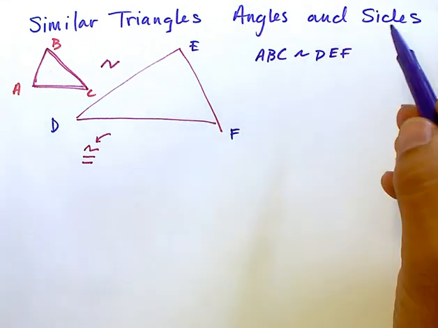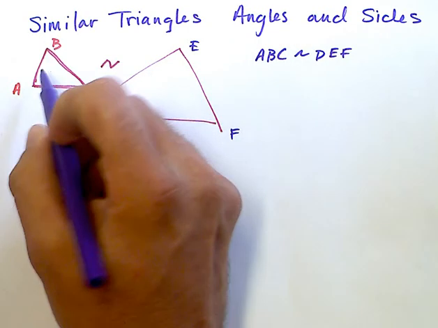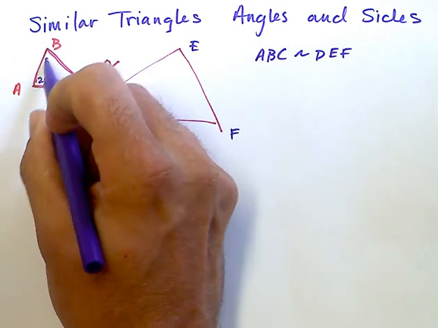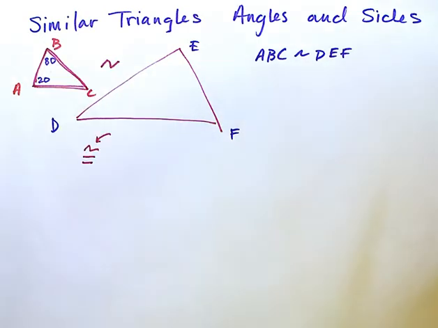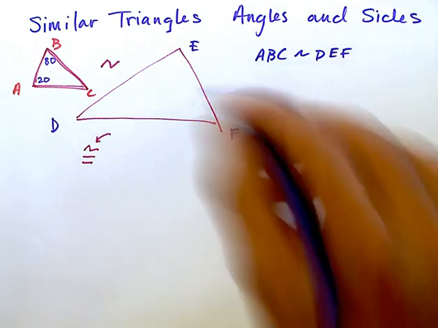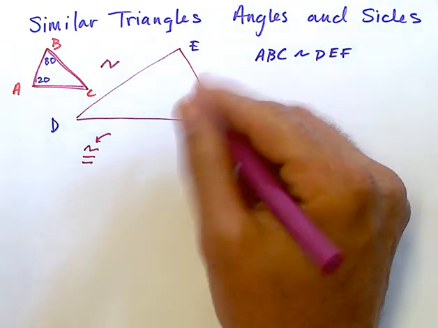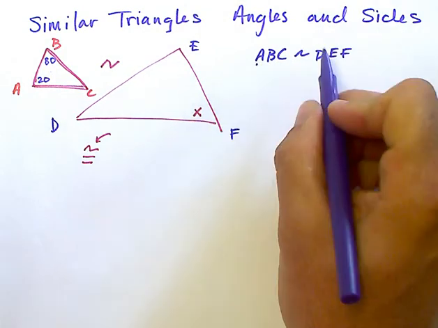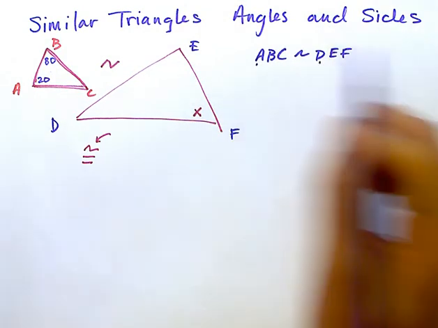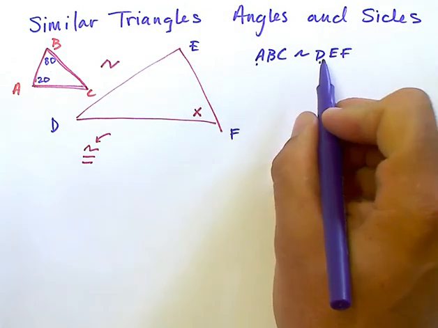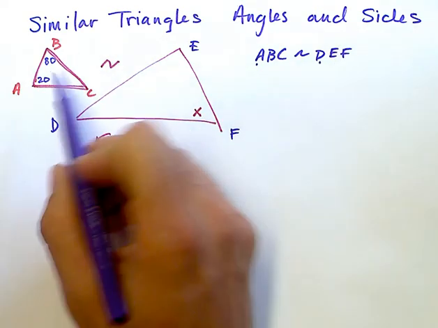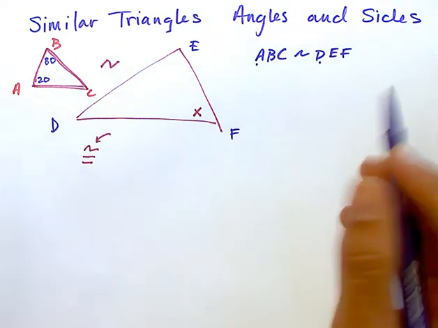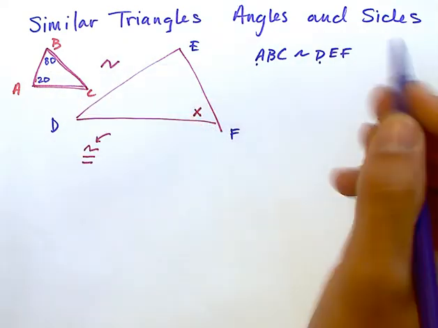Now, if I have angles 20 and 80 here, and let's say I want to find out what is the angle for F, one thing I can identify is, well, I know angle A and angle D are corresponding angles. So if angle A is 20, I could say angle D here is also 20.